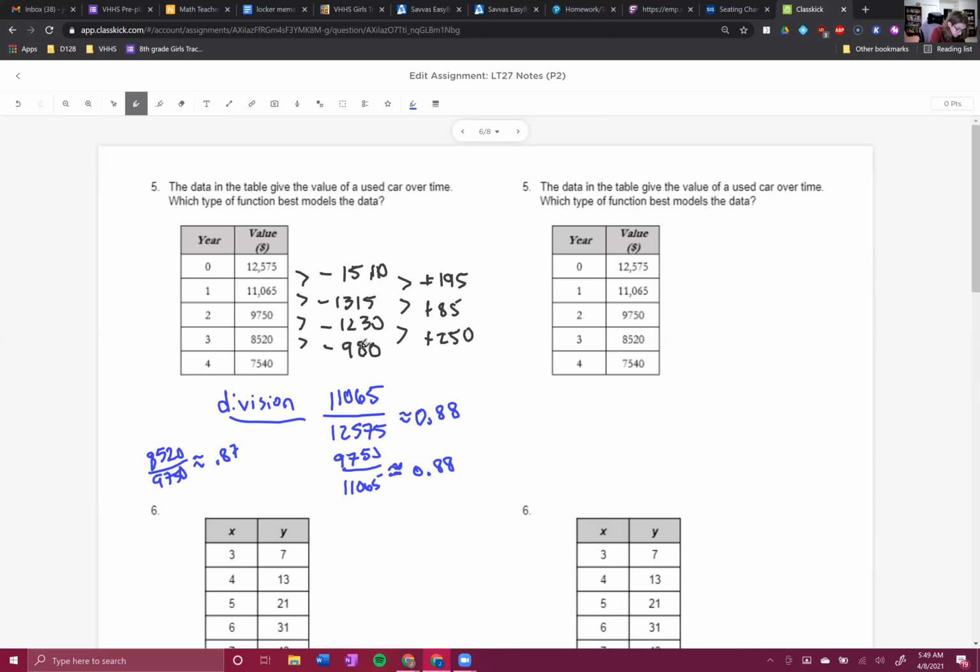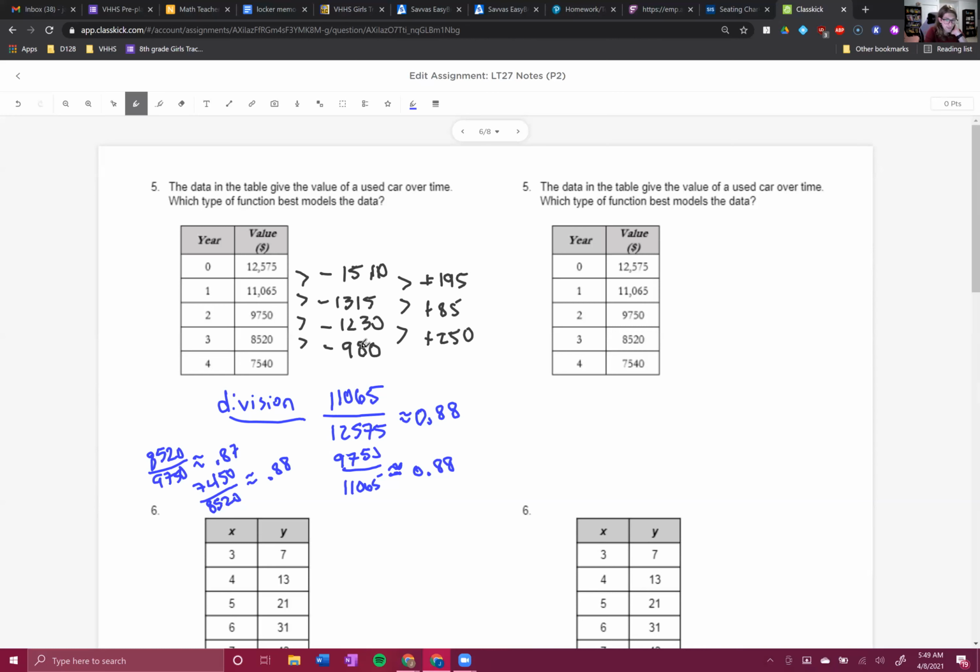And then 7,540 divided by 8,520 gives about 0.88. That might actually round up to 0.89 depending on how far back you're looking, but we'll stick with that.